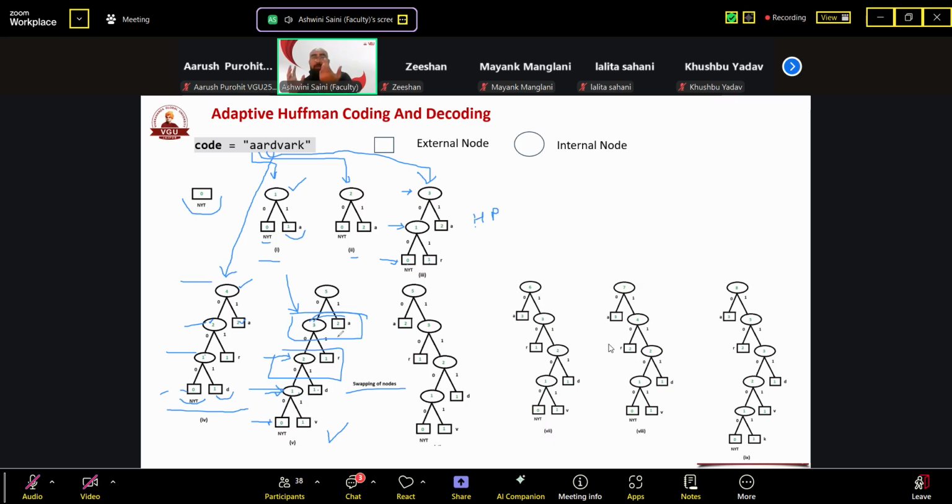Like A is on the left side and the entire tree and its subtree is on the right side. We are swapping at this level, and here at this level we also have a problem with 2 on the left side and R has a weight 1. So we are shifting R to the left side and the entire second leg is on the right side.